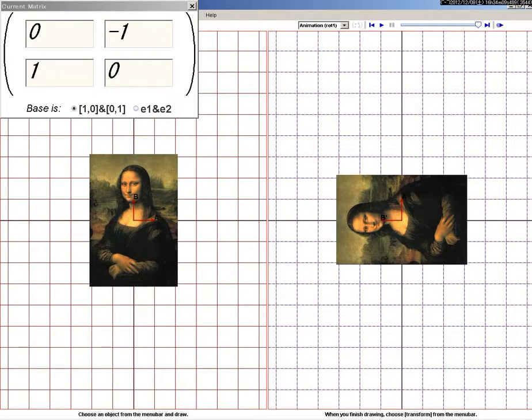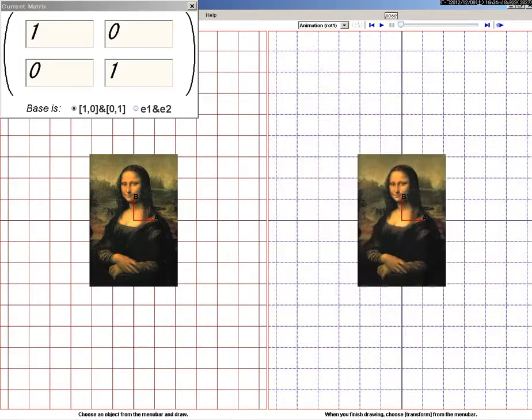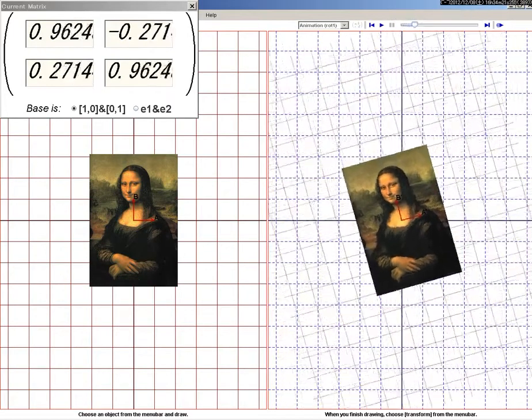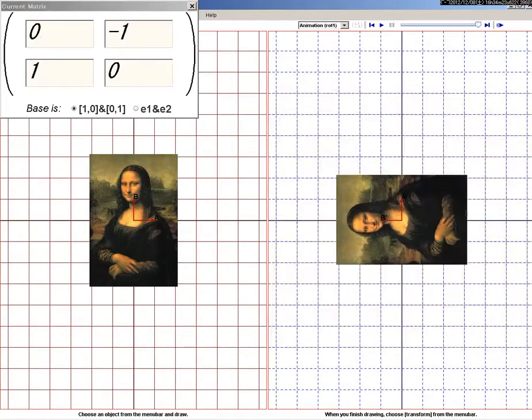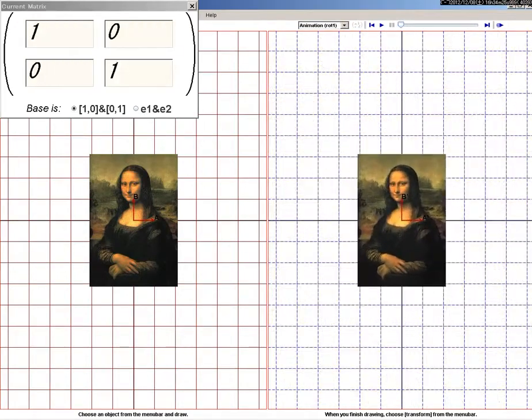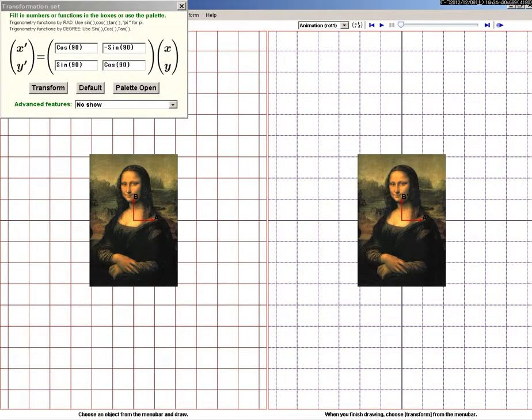So I put lots of 50 or 60 matrices in between 0, 1, minus 1, 0 and 1, 0, 0, 1. And you can use this rotation not only for pure rotation but also lots of other transformations.